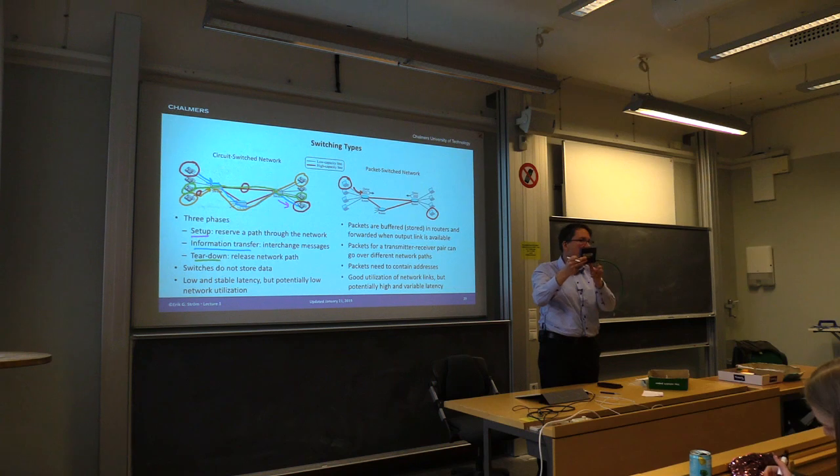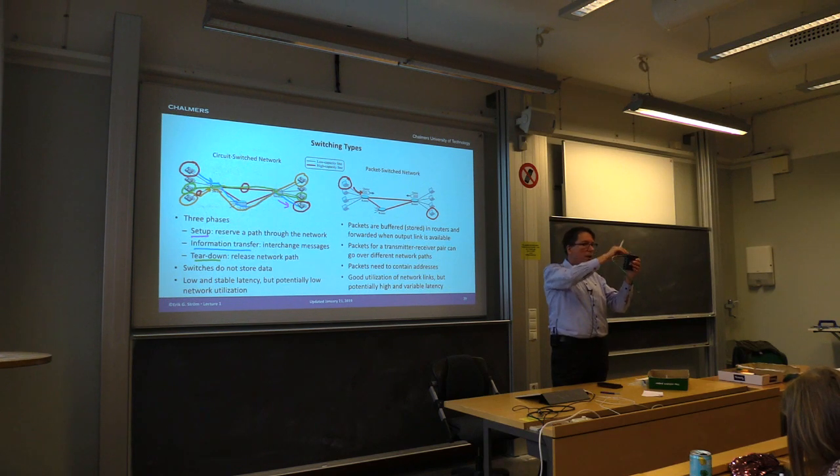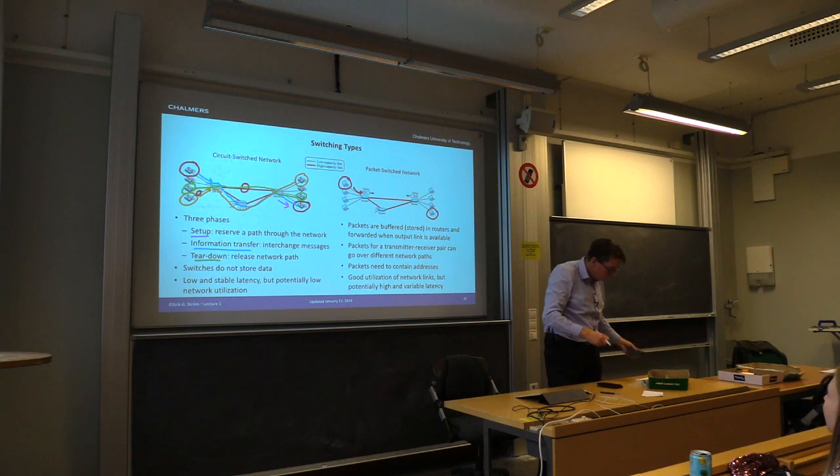Okay. The packets come into the router, are stored here and then forwarded out to the next hop, to the next router, where they're stored, and then forwarded to the next hop and so forth. So it's basically a store and forward network.